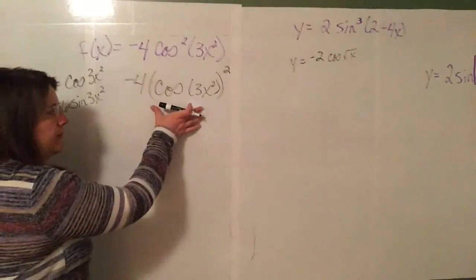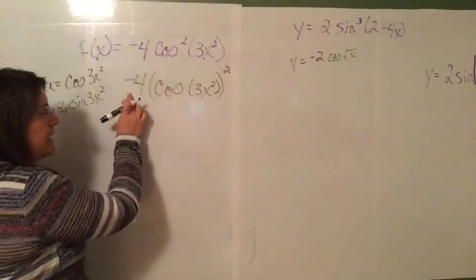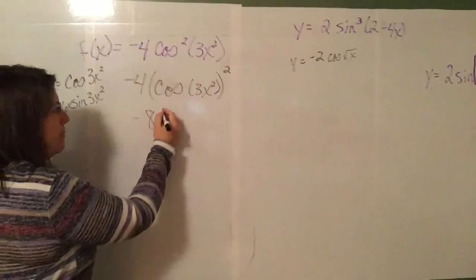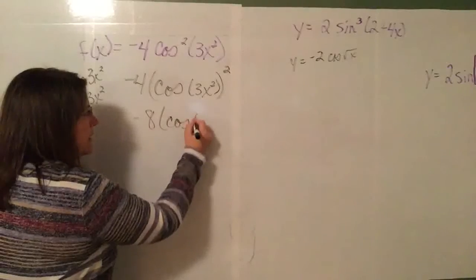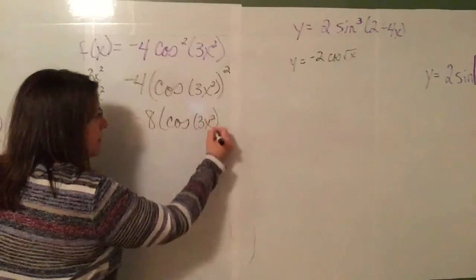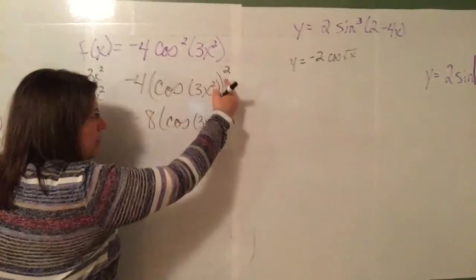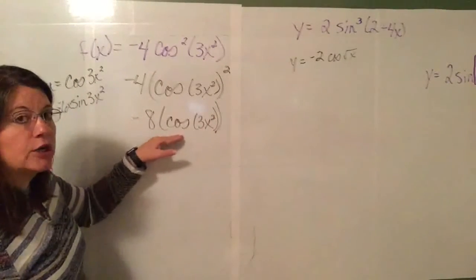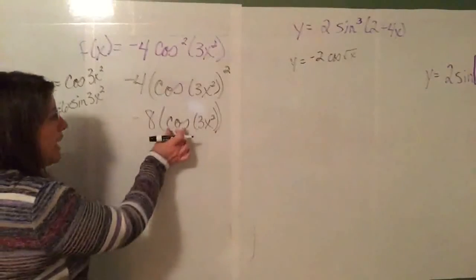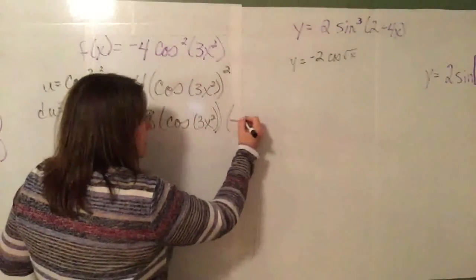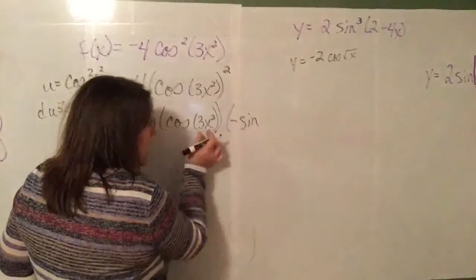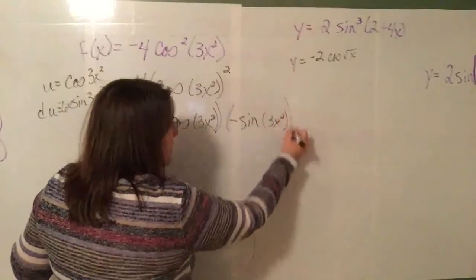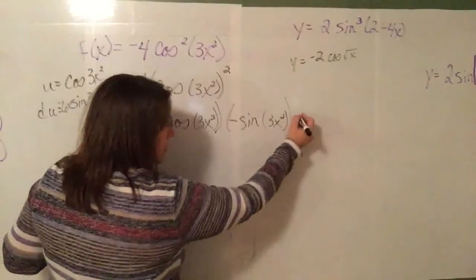So if I take the derivative of this, 2 times -4 is -8. I keep the inside part, that's cosine 3x squared. I decrease the outside power by 1. Next, I take the derivative of the inside part. The derivative of cosine is negative sine. We keep the angle part. And then we take the derivative of the angle part.